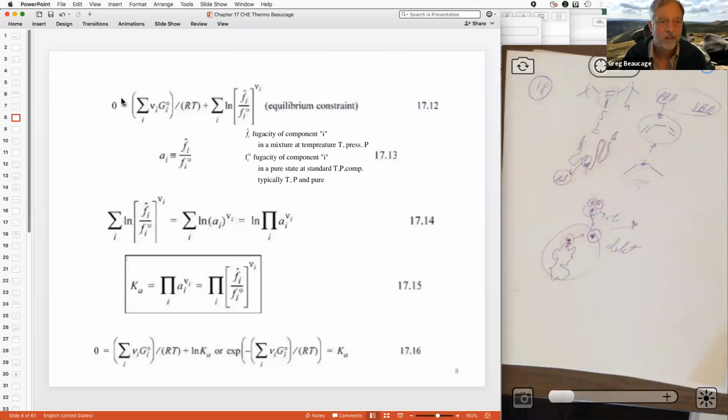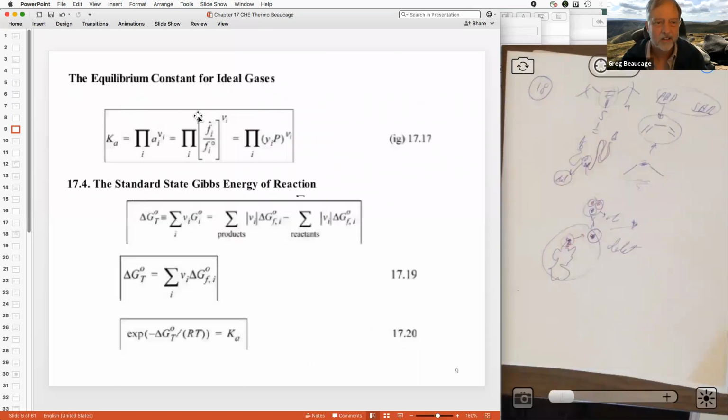What else? That relates back to the concentration or the activity, right? We went through that last time, and then it ties into the Gibbs free energy. So RT times the log of the equilibrium constant gives you the Gibbs free energy change for the reaction, at whatever temperature the reaction is occurring at.